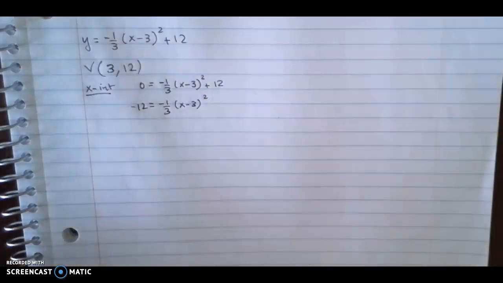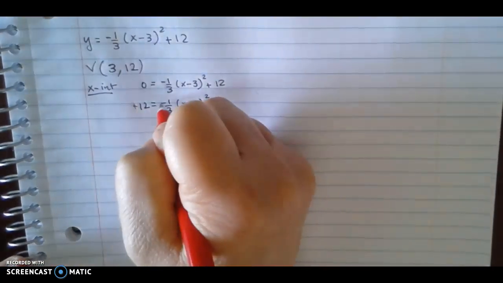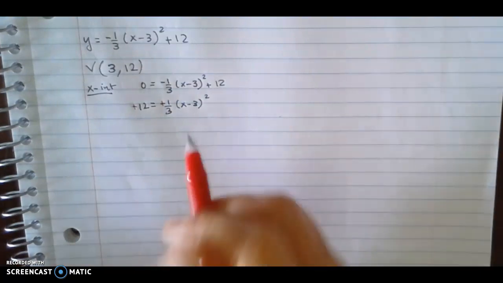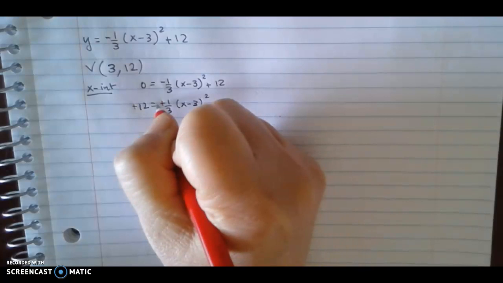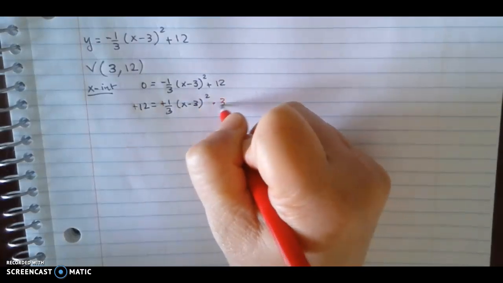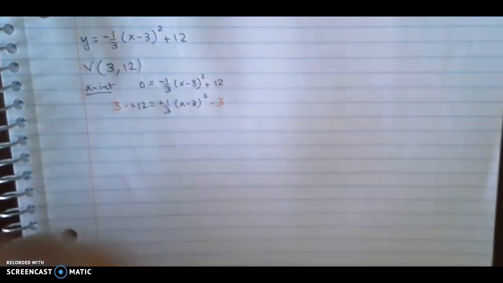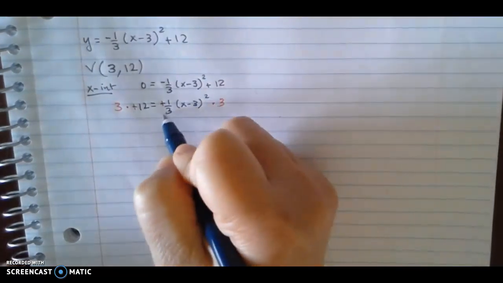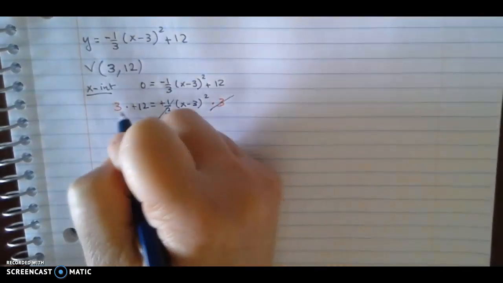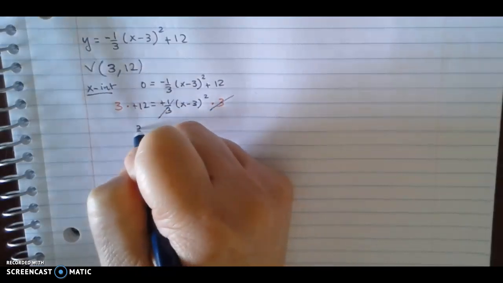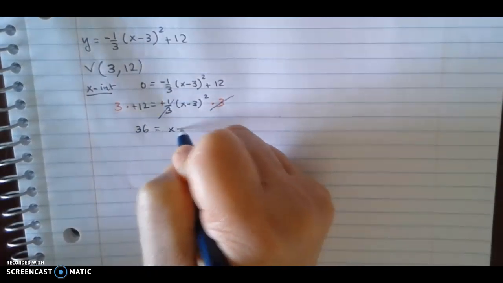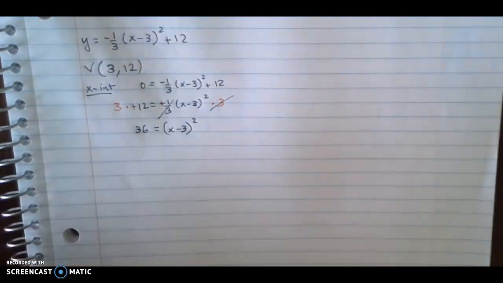I am just going to multiply both sides by negative, so that becomes positive, positive. Now, to get rid of this 1/3, I am going to multiply both sides by 3. So this cancels out. And 3 times positive 12 is 36, is equal to x minus 3 all squared.